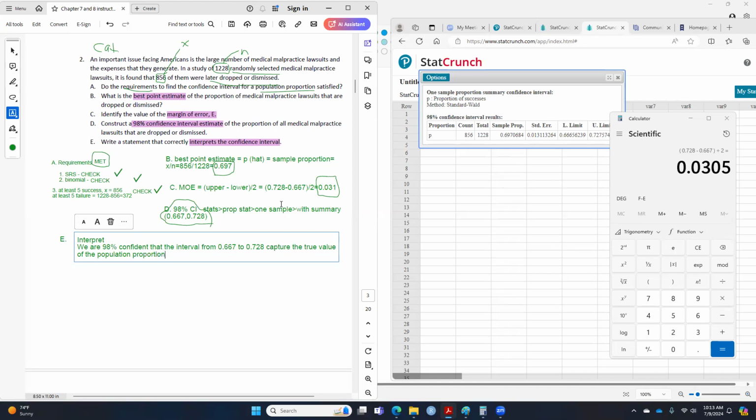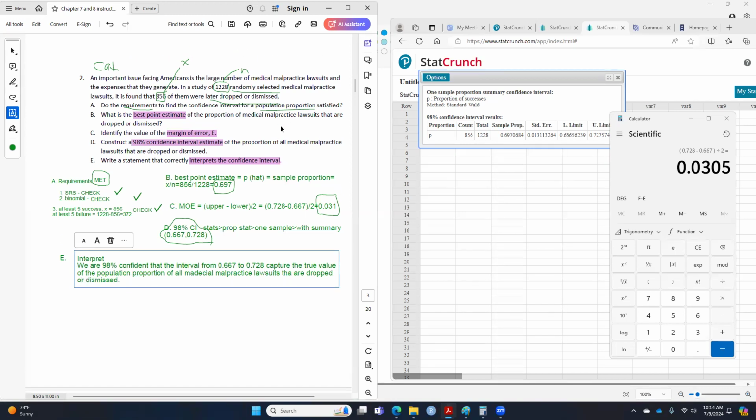You want to know what's the context? The context is given in the question. If you look at how you find the 9, it's the population proportion of all medical malpractice lawsuits that are dropped or dismissed. Okay, so this is the context.